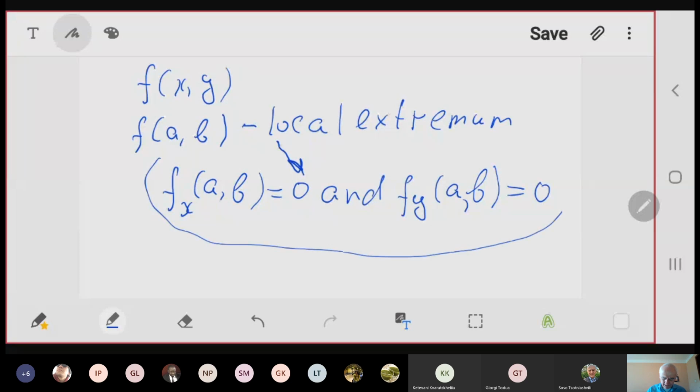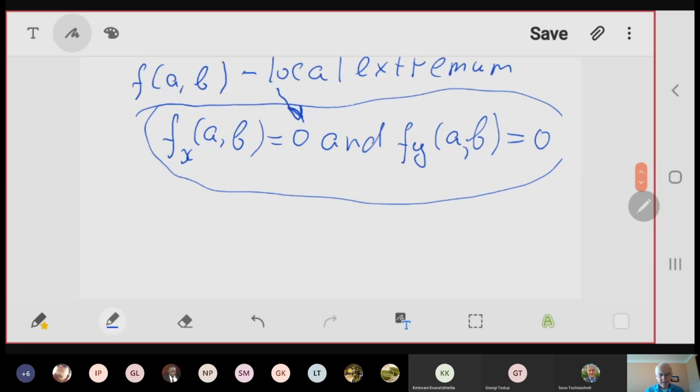From the fact that these partial derivatives equal 0 it does not imply that f(a,b) necessarily is a local extremum. Okay. Any questions so far? Okay.